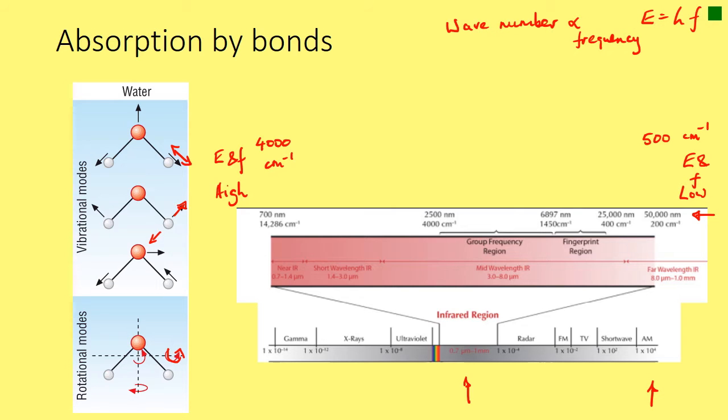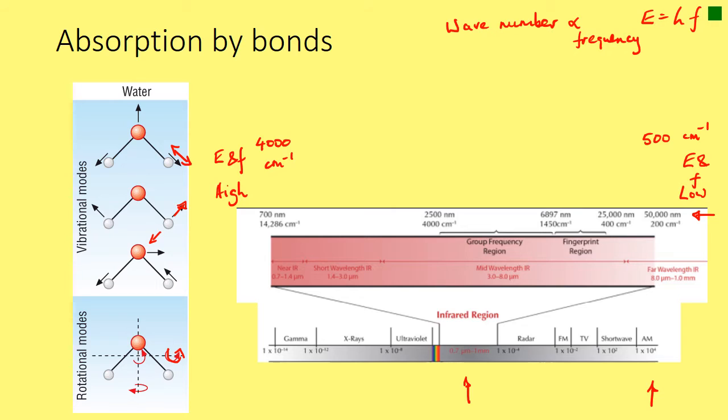Now, the reason I'm saying that is because each of the bonds that are in molecules absorb the infrared radiation at slightly different energies. So if you were to shine broad spectrum infrared onto a molecule, most of it would go through, but the frequencies, or the wave numbers, that resonate with the particular bonds in that molecule get absorbed and don't get passed through.